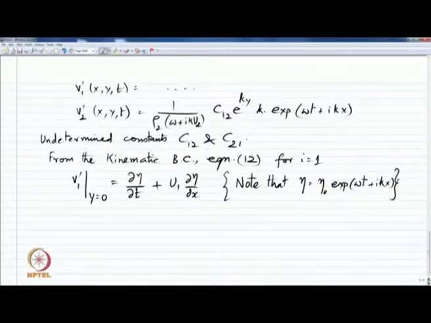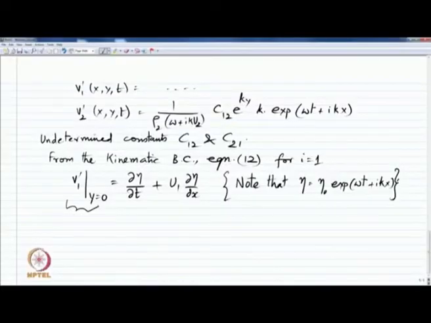So, if you have eta having some amplitude eta naught and some temporal frequency omega, like we have said before, and a wave number k, then the requirement is that the y direction velocity in fluid 1, V1 prime, as we approach y equal to 0 from fluid 1, which is denoted by this quantity V1 prime at y equal to 0, is equal to the physical movement of the interface, in an advected sense.